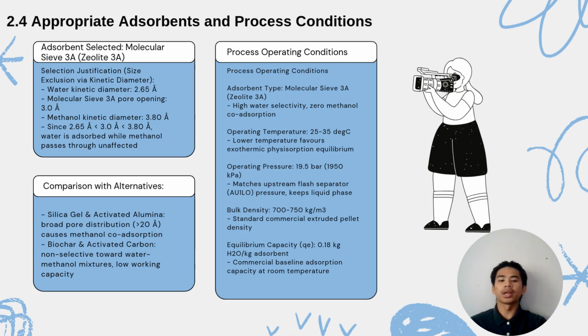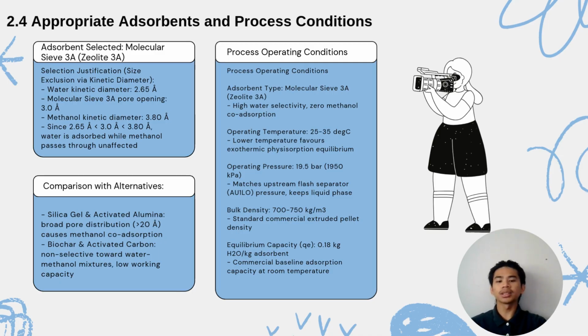We chose zeolite 3A over common alternatives like silica gel or activated alumina because their larger pore sizes, above 20 Angstroms, cause significant methanol co-adsorption. Similarly, biochar and activated carbon lack the required polarity, resulting in poor working capacity.